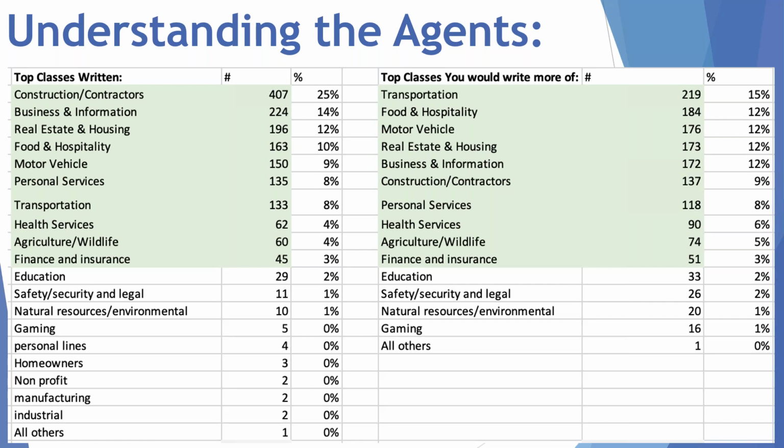But for class codes here, this is a huge question that we get. And it's a very interesting piece of data, because on the left-hand side, we have top classes that agents are currently writing. And then on the right-hand side, we have top classes you would like to write more of.